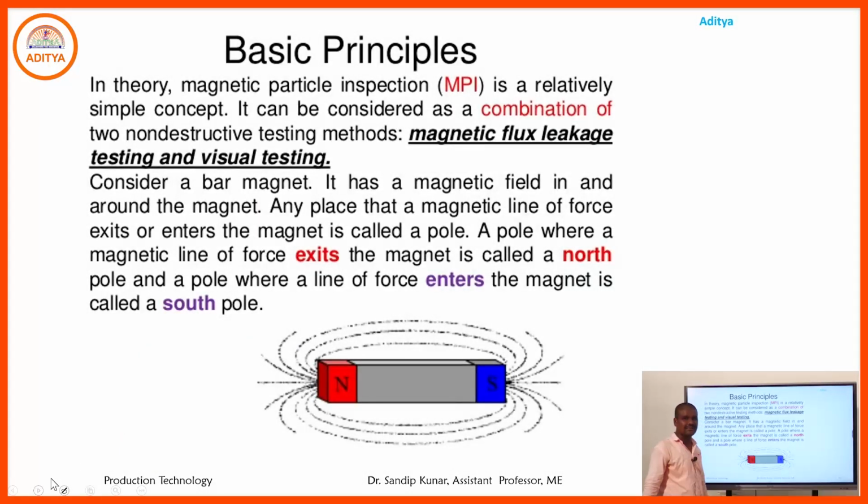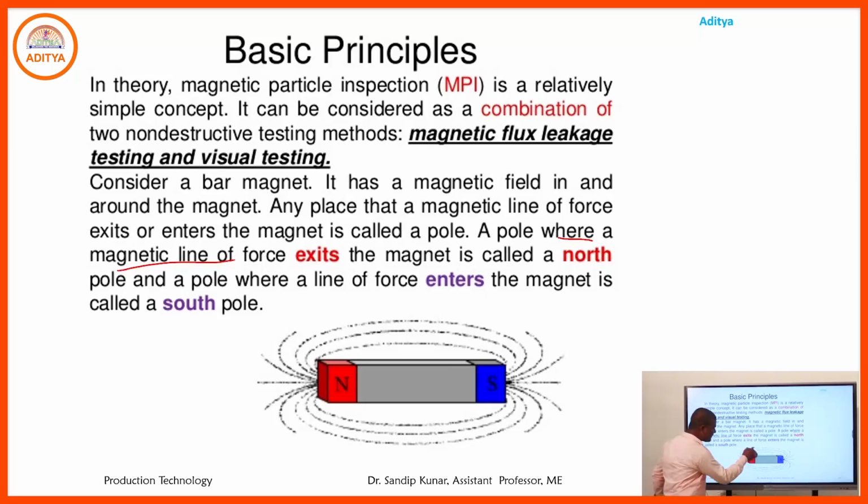As for the basic principles, we know that magnetic lines exit from a particular pole. The pole where the magnetic lines of force exit is called the north pole, and where the lines of force enter the magnet is called the south pole.